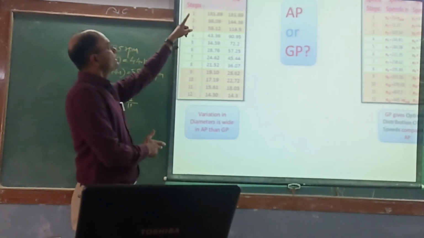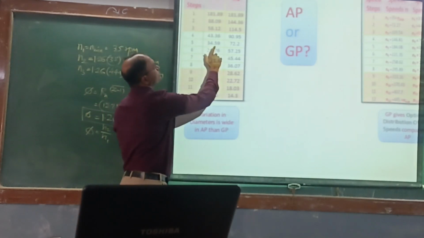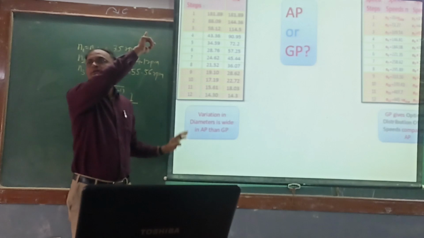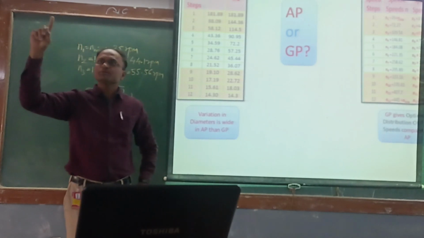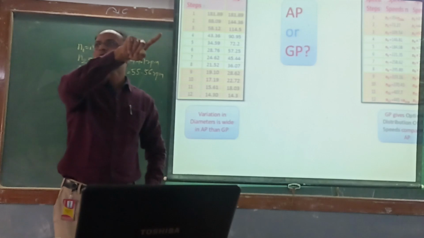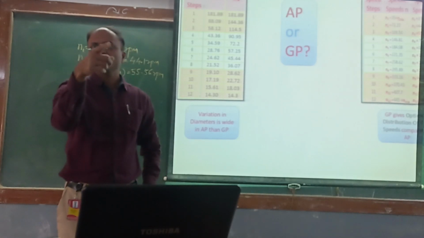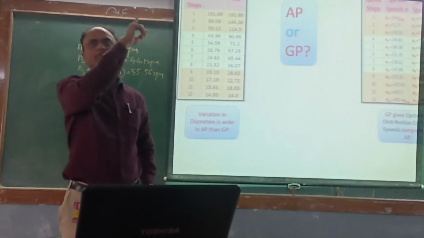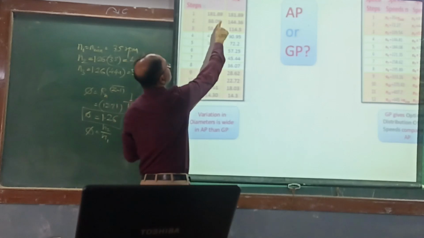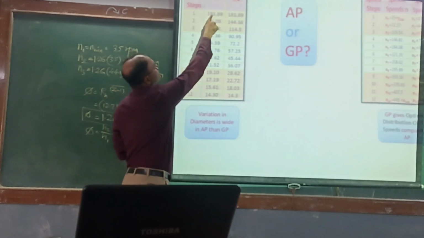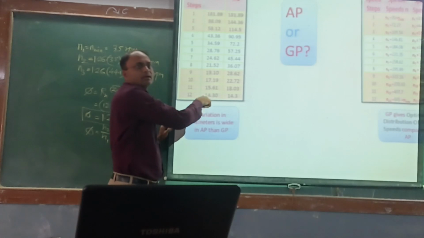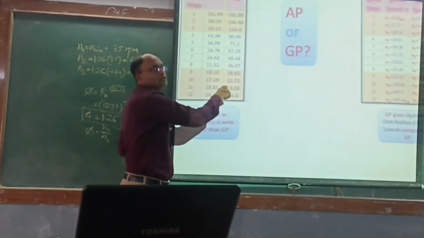In arithmetic progression, these are the diameters of the workpiece. At what speed, what diameter of the workpiece you should machine is given here. These values are for arithmetic progression and these values are for geometric progression.